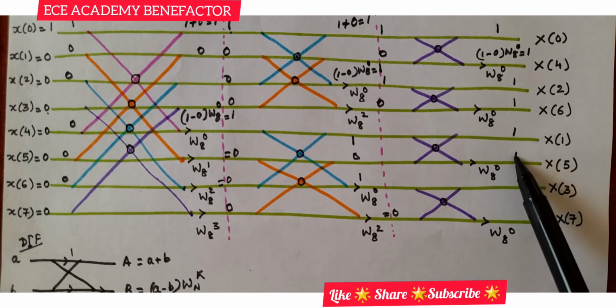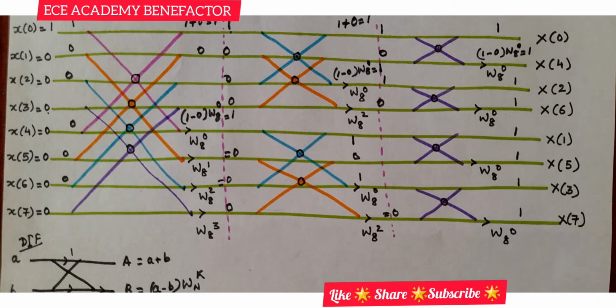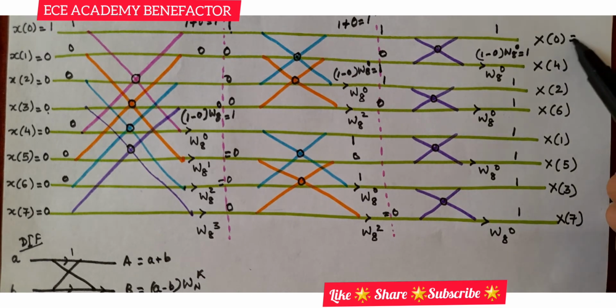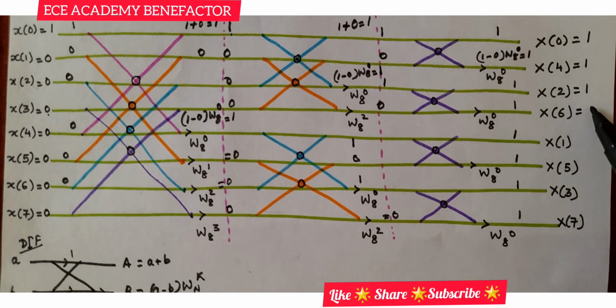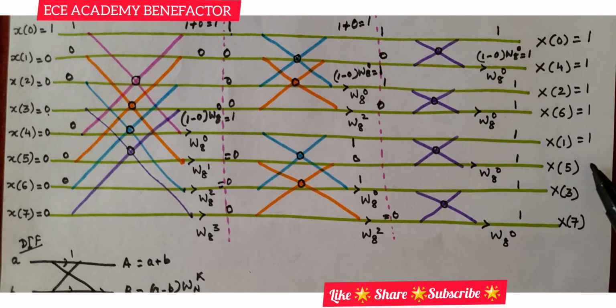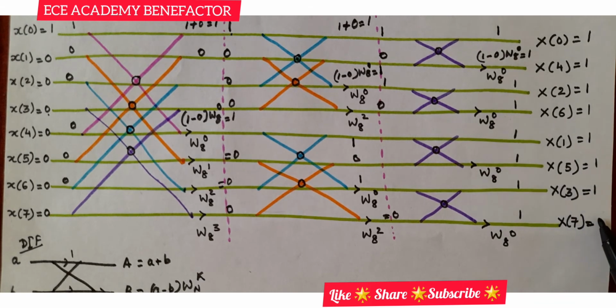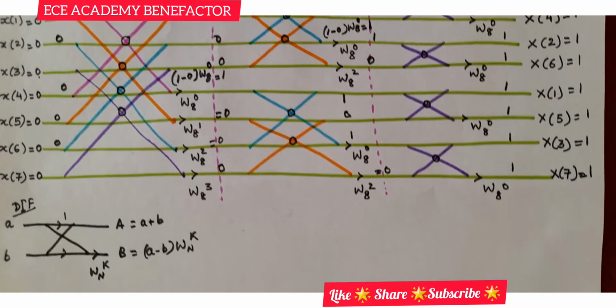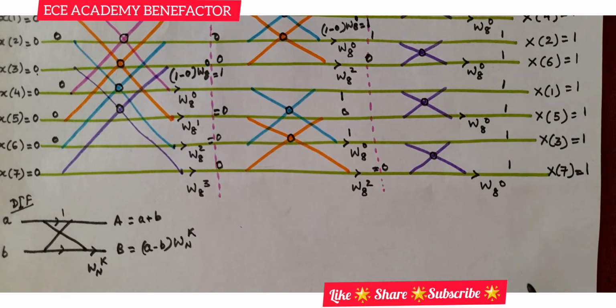It will again come as 1, 1. Here also the input is 1, 1. So what is the result? X of 0 is 1, X of 4 is 1, X of 2 is 1, X of 6 is 1, X of 1 is 1, X of 5 is 1, X of 3 is 1 and X of 7 is 1. So what is capital X of k coming as? All are coming as 1.